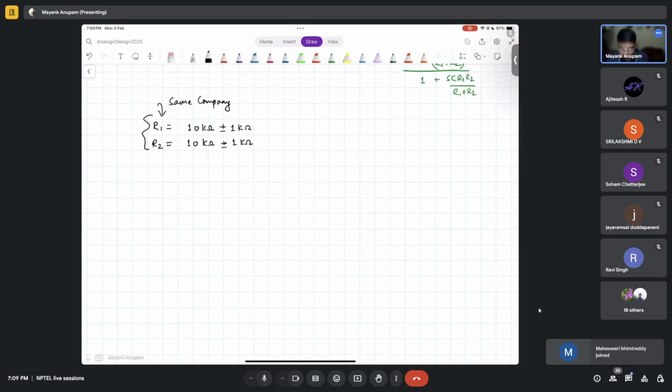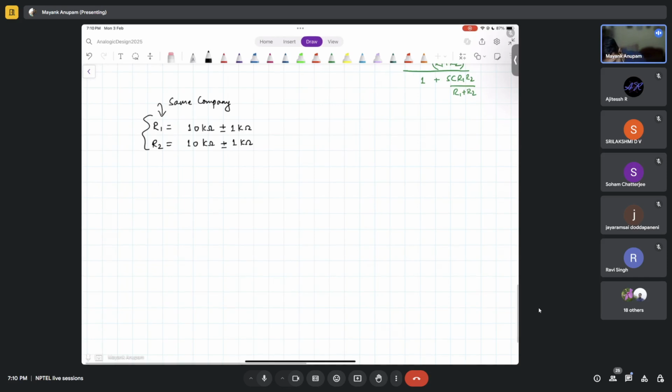Any company that sells a product, a resistor like this, any circuit, any product, they will always say that this is the typical value. Around this can be the variation, isn't it?